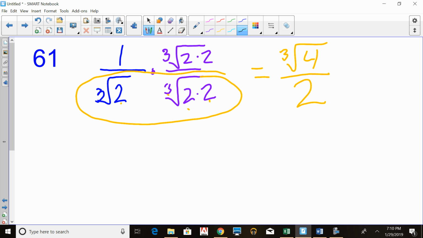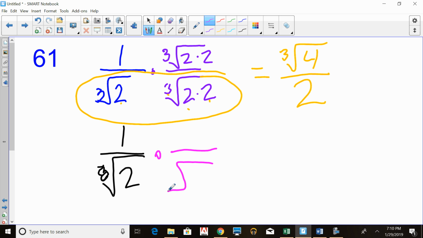If this would have been like, let's say, 1 over the eighth root of 2, well, you do the same thing. Eighth root of, we need 7 more 2's. Do that on the top too.